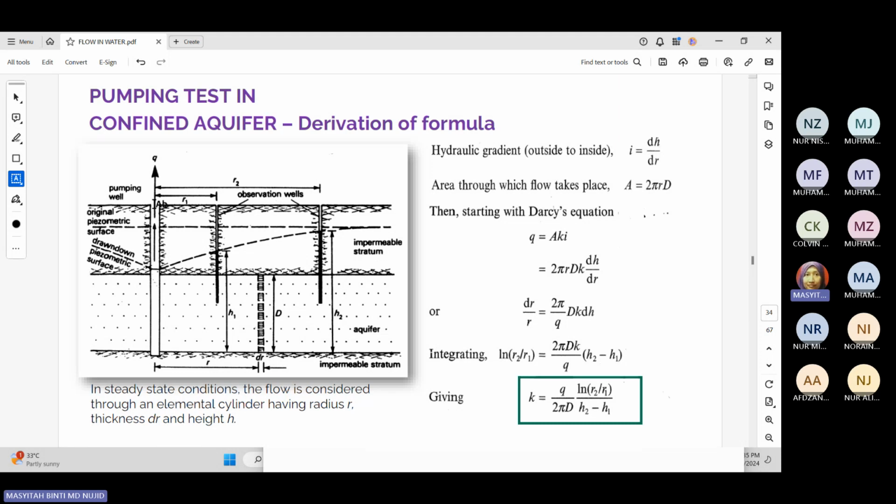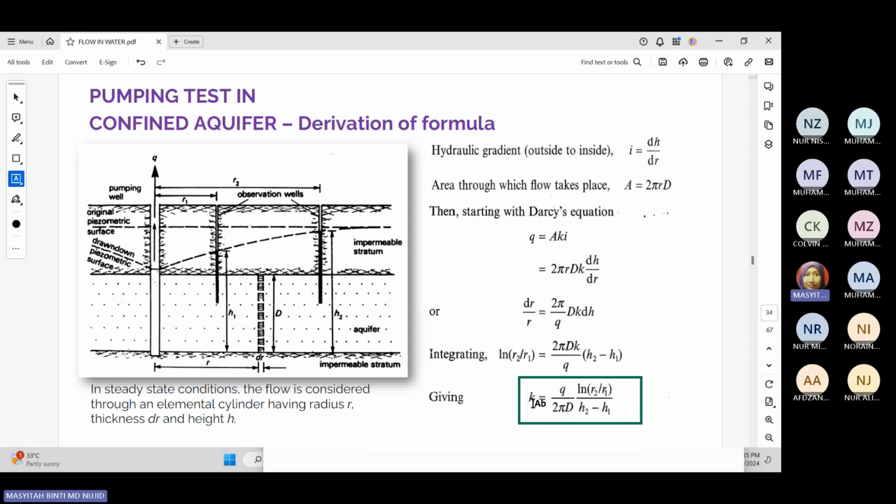R1 adalah horizontal distance from pumping well to the observation well pertama dan juga observation well kedua. So this is how the formula derived from the beginning of the Darcy equations and then integrate to the R2 and R1. So you have the final coefficients ataupun hydraulic conductivity permeability coefficients.